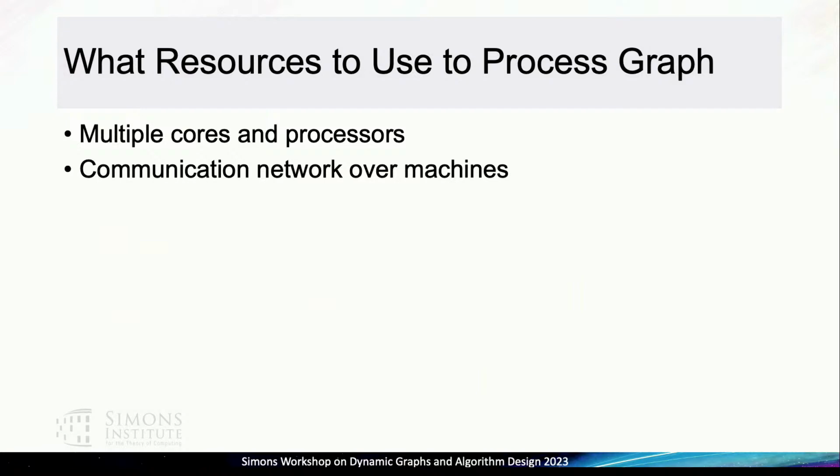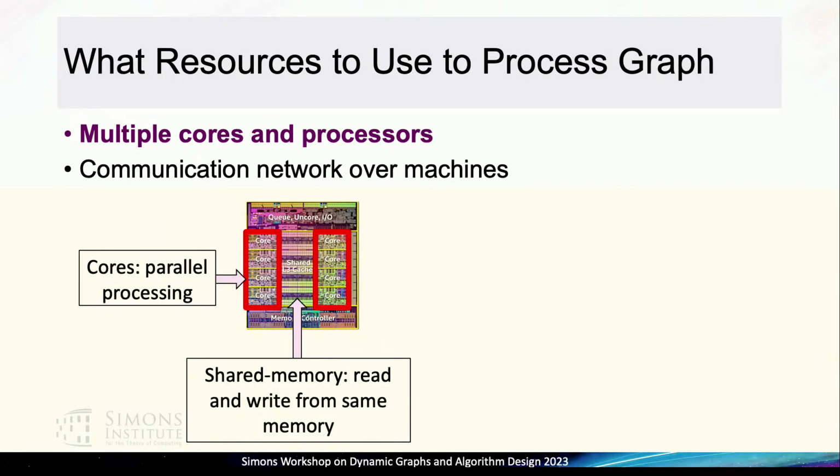If you store your graph on one machine, you can process the graph using multiple cores and multiple processors on your machine. So nowadays, we're dealing with machines with many more than one core. Even your laptop has at least 8 cores nowadays. These cores can process parts of your graph in parallel and read and write from the same shared main memory.